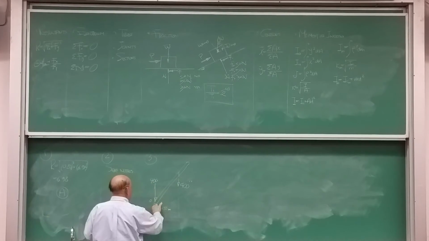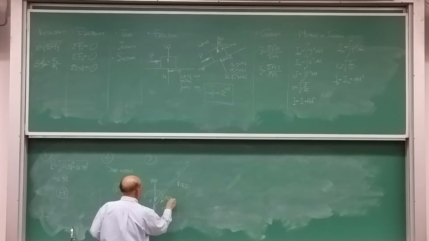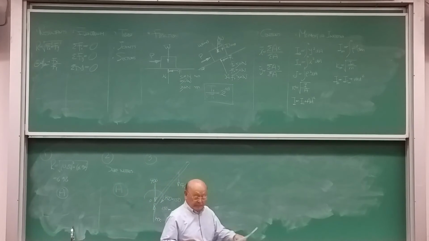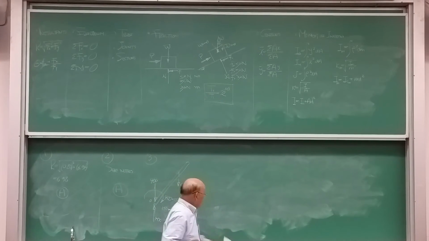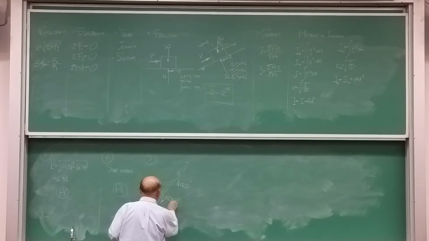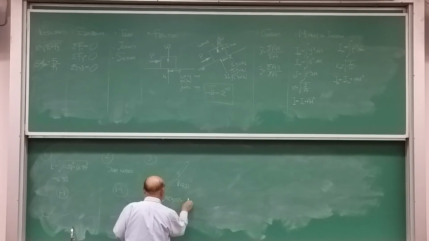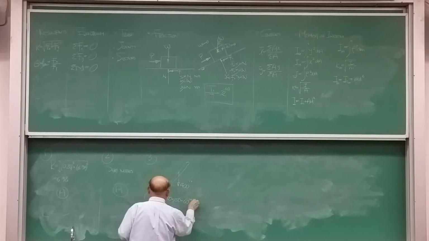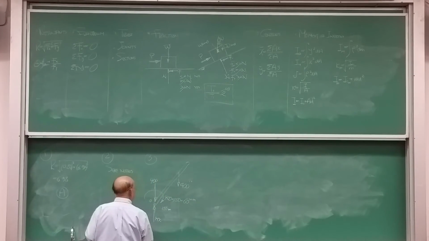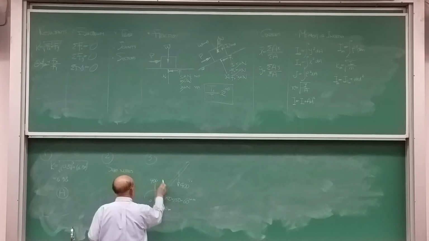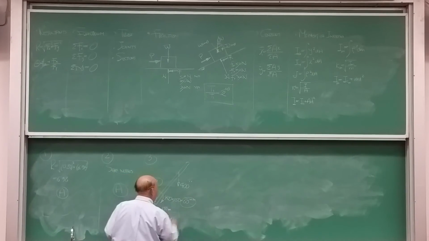So this times that is the same as 400 times 150, like a couple, or 0.15, so that much is 60 Newton meter.